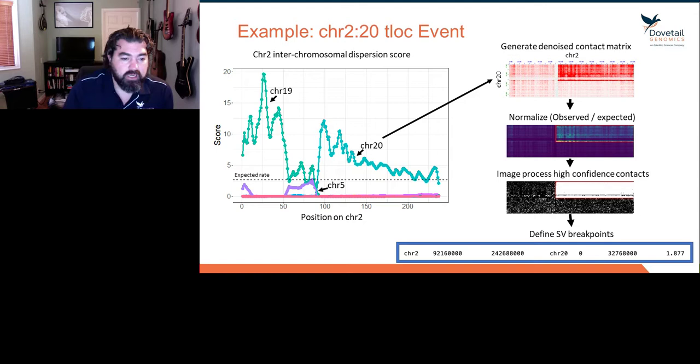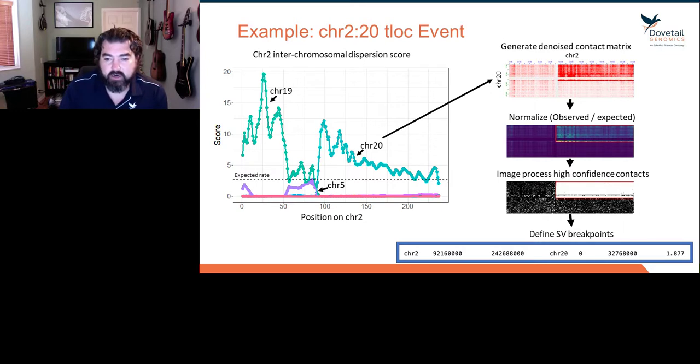And so then we can ask the question, okay, of chromosome 20, what does the contact matrix look like from there? After we filter out the noise contacts in the background that are below that expected rate, we get an image that looks like this, where we see an increased number of contacts between chromosome 2, which is on the x-axis on the top, and chromosome 20, which is on the y-axis.